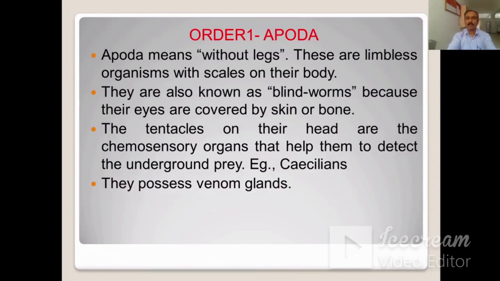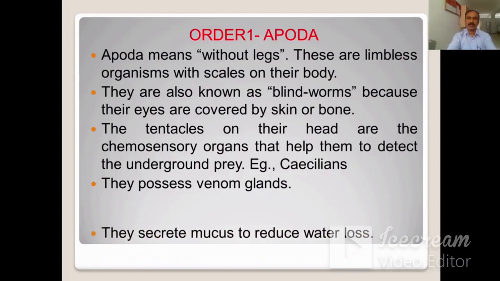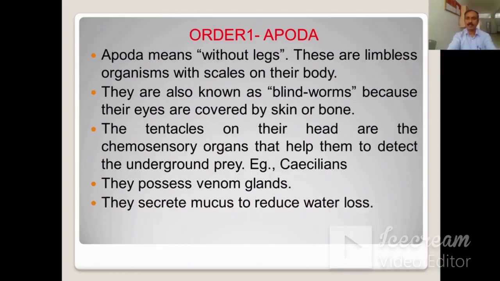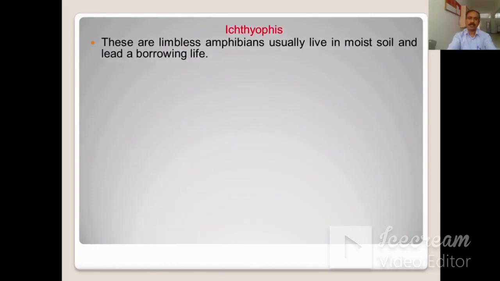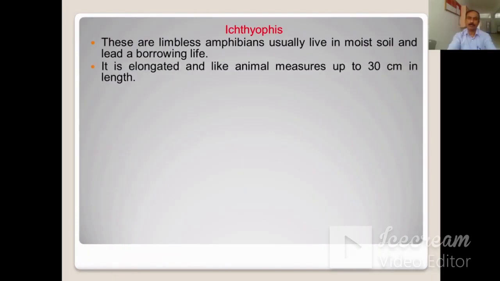These animals possess venom glands. They secrete mucus to reduce water loss. These are the examples of the order Apoda, that is Ichthyophis and Uraeotyphlus. Let us discuss the example, that is Ichthyophis. These are limbless amphibians, usually live in moist soil and lead a burrowing life.